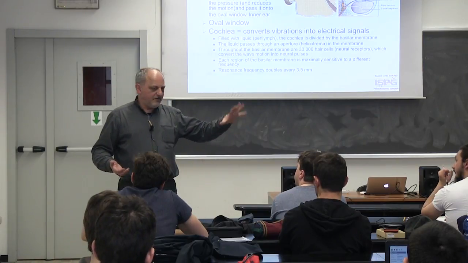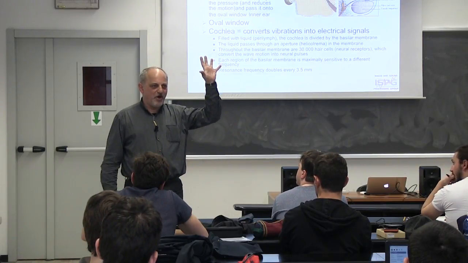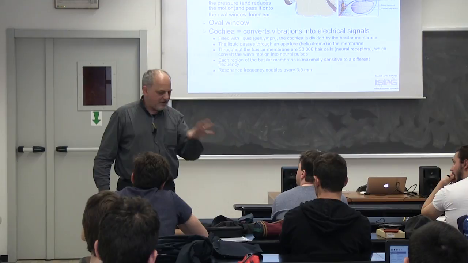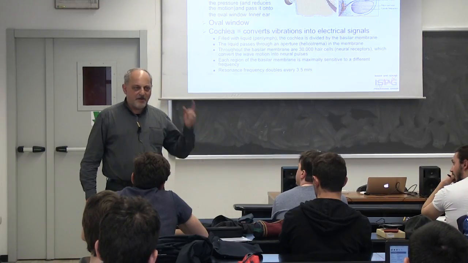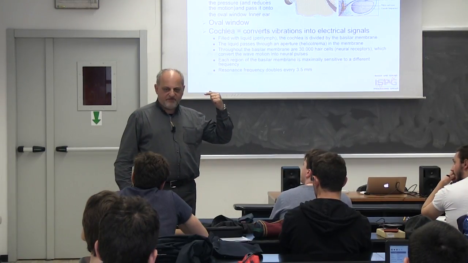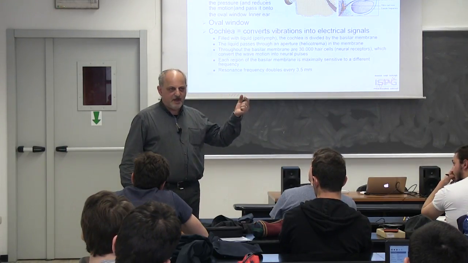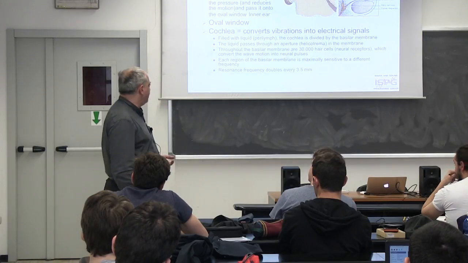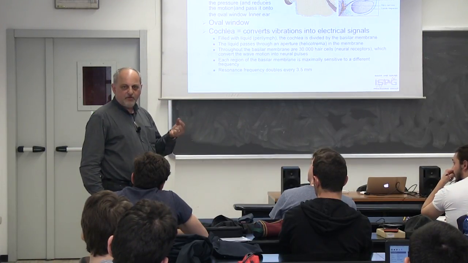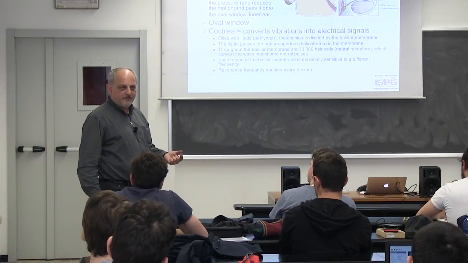If I move, this is the position for 1 octave. If I move on the keyboard every time by 1 octave, I'm actually moving with the fundamental at regular intervals on the basilar membrane. I'm moving every time 3.5 millimeters, because 1 octave corresponds to doubling of the frequency.